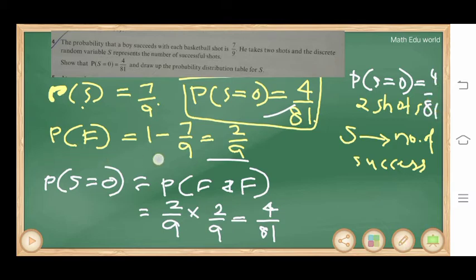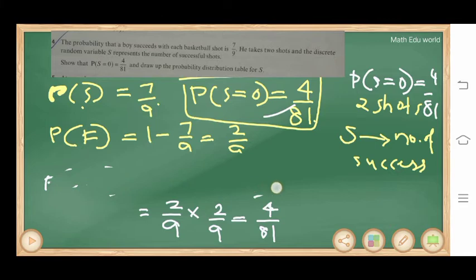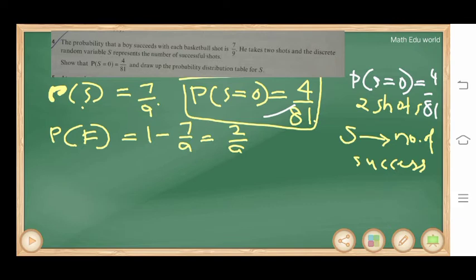Now let's find the probability distribution table. Here we have two shots, and S is the random variable which represents the number of successful shots. Here we may get 0 successful shots, 1 successful shot, or 2 successful shots. So we found S equal to 0.